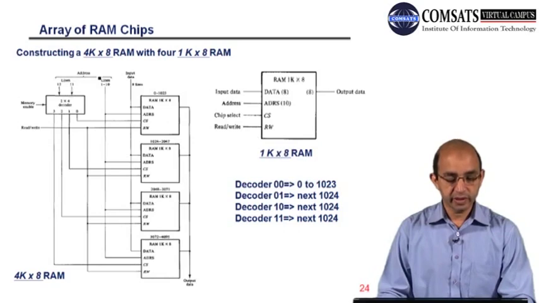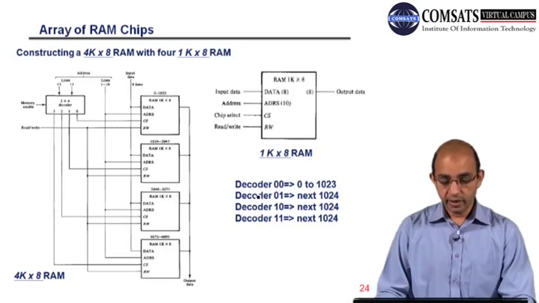So this is the address, and here we have lines 1 to 10. You can see that these 4 RAM chips represent the array of RAM chips. So this is the output. Whenever we have 00 at the decoder, this 0 unit will be selected, and it can address 0 to 1023.